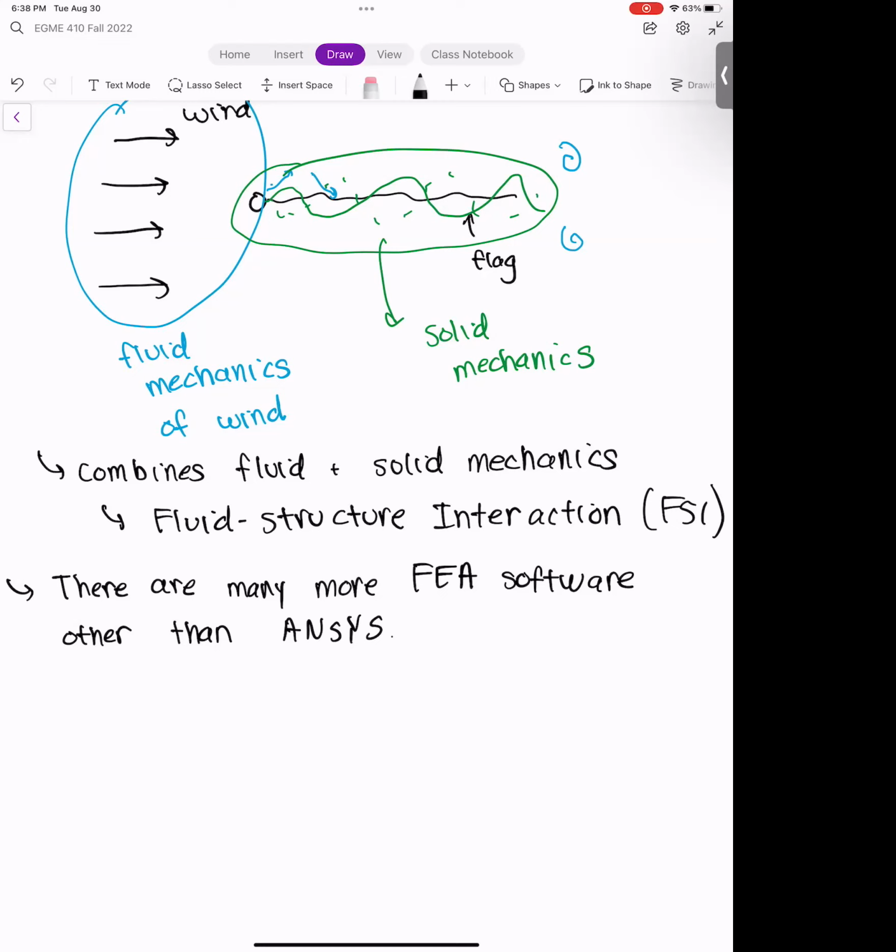So it's expensive, and for an engineering company to buy ANSYS and use it, it's a significant investment. For a lot of smaller engineering companies, they may not be able to afford ANSYS, or even a larger company might have a contract negotiated with a different software.